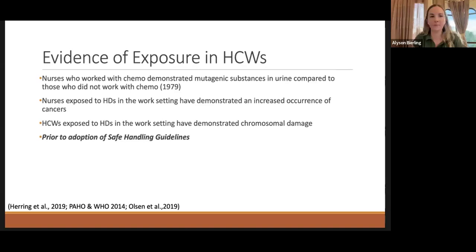So these risks happen when we're not practicing safe handling measures and when we're not wearing proper PPE and taking steps to protect ourselves. So it is possible to prevent these effects. I don't want to scare all of you off from administering chemo, but just want to highlight why it's important to be observing safe handling measures.